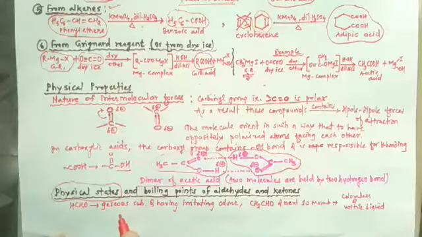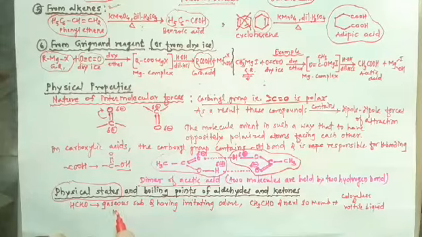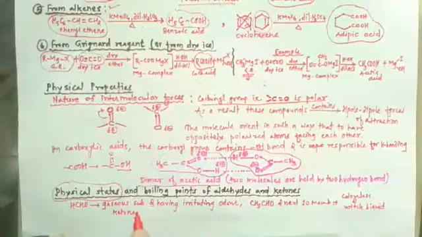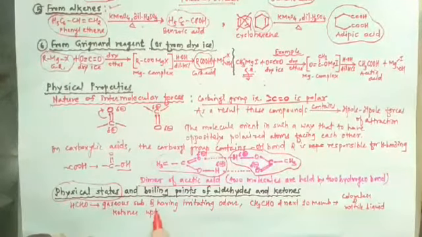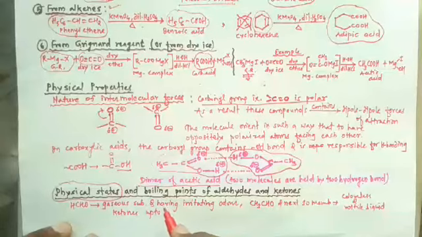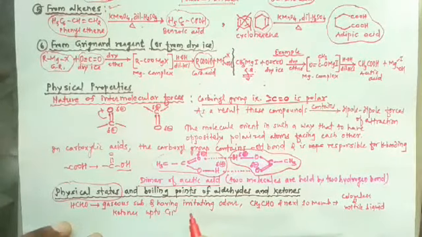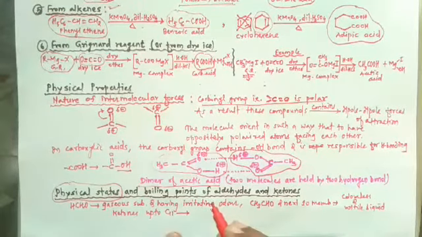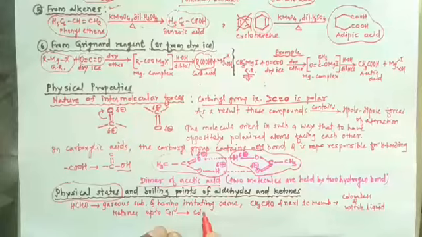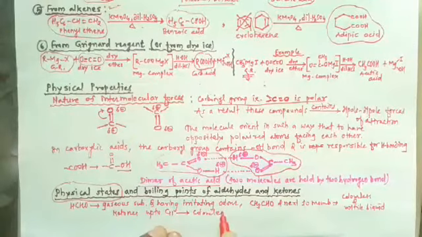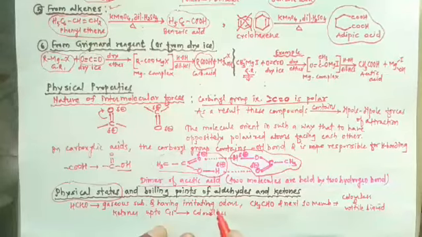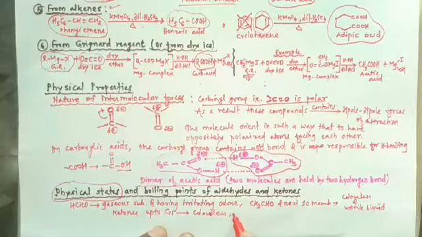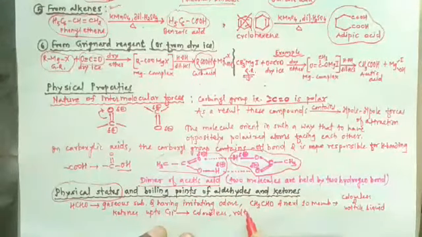So ketones up to C11, that is ketones containing 11 carbon atoms, are colorless volatile liquids.